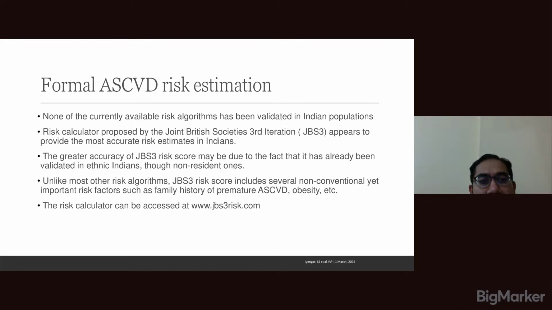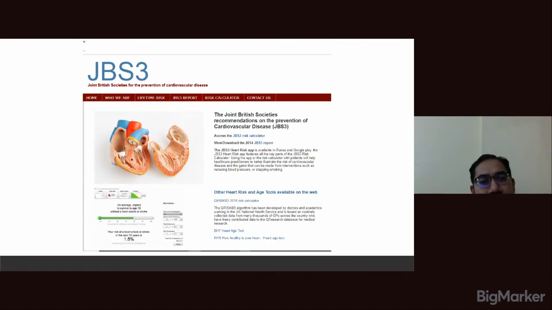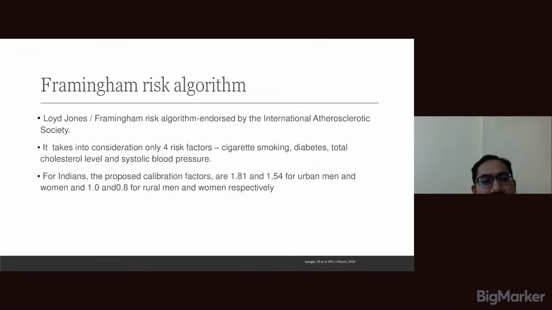None of the currently available risk algorithms has been validated in the Indian population, but one of the risk calculators, the Joint British Society's third iteration, appears to provide the most accurate risk estimates in Indians. This can be calculated by going to the website of the scoring system. This is the website.